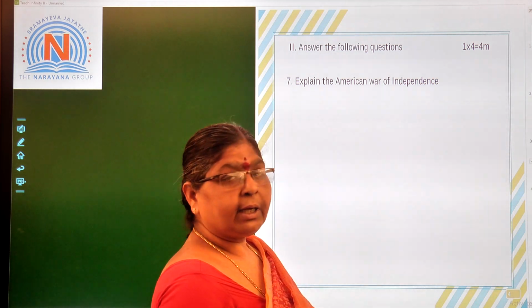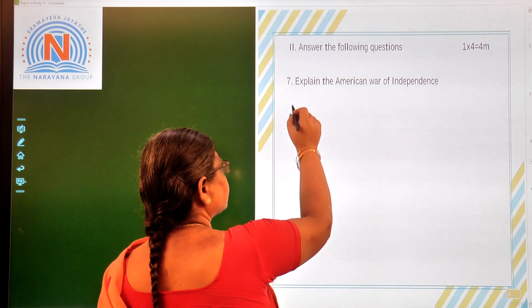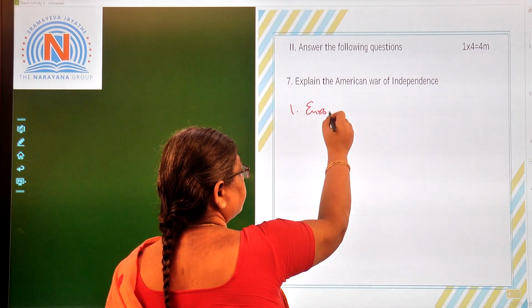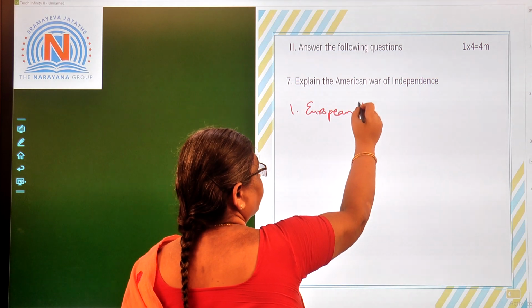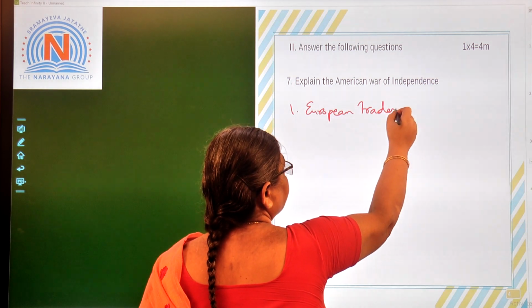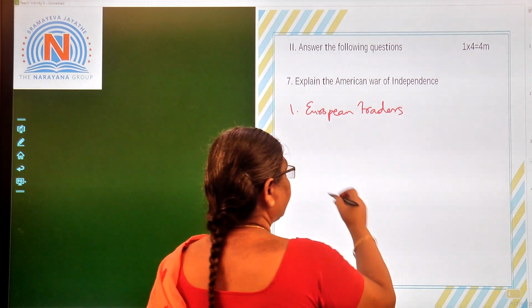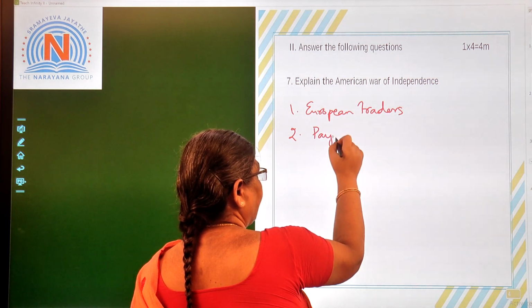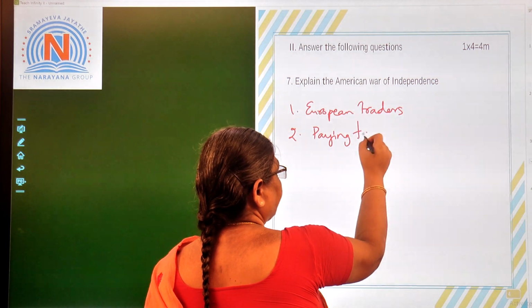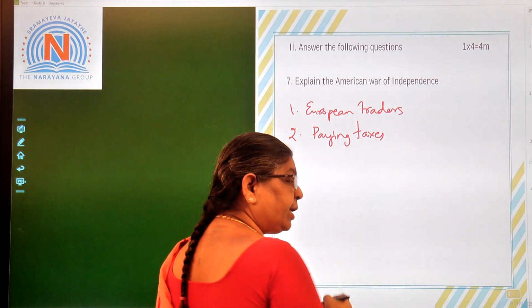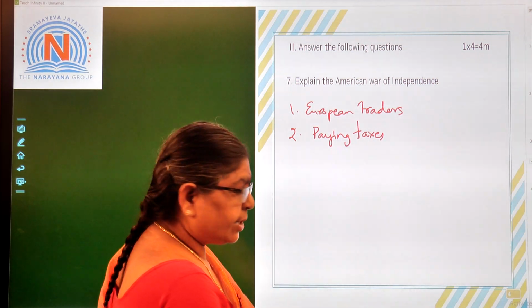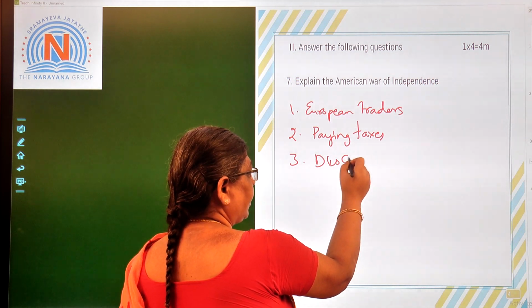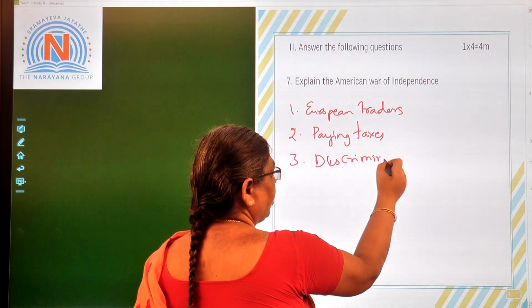So, explain the American War of Independence. Many of the European traders settled down in the eastern parts of America. They were paying taxes to England, treating England as their mother country. But England showed discrimination.